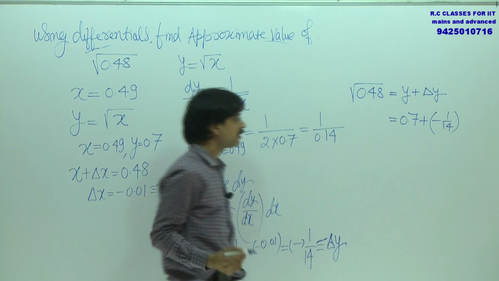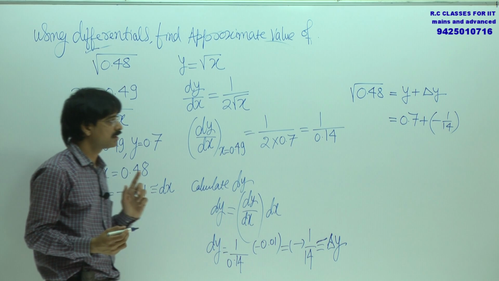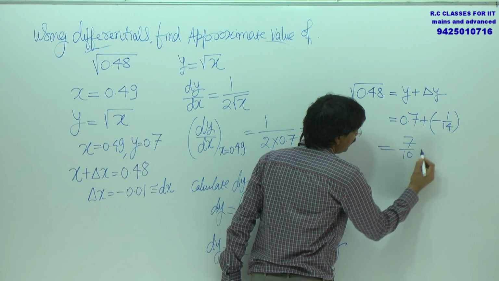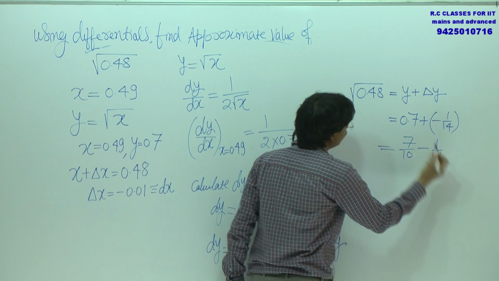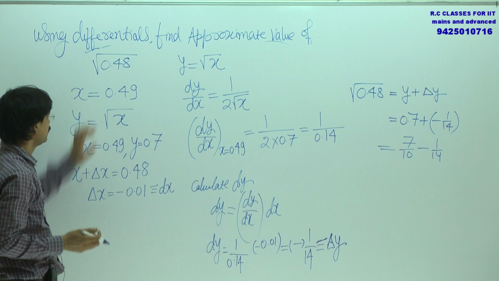When you calculate that, you are going to get the approximate value of root over 0.48. That is 7 by 10 minus 1 by 14, and you can calculate that in terms of decimal. So that is the approach.